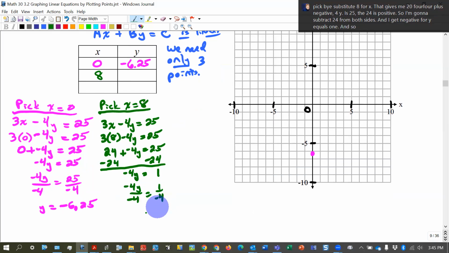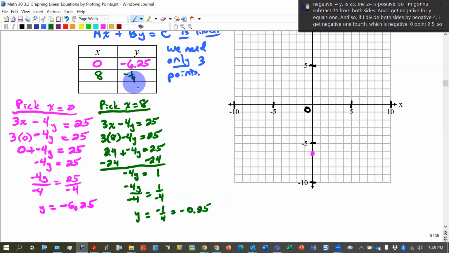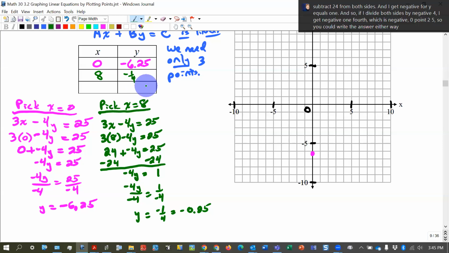And so if I divide both sides by negative 4, I get negative 1/4, which is negative 0.25. So you could write the answer either way. So when X is 8, Y is just a little bit negative.